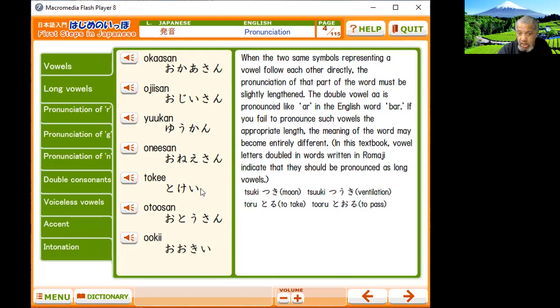And otousan, お父さん、ookii, 大きい、大きい. All right. So that's the long vowels.